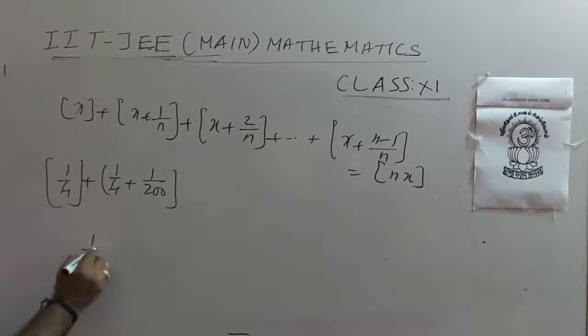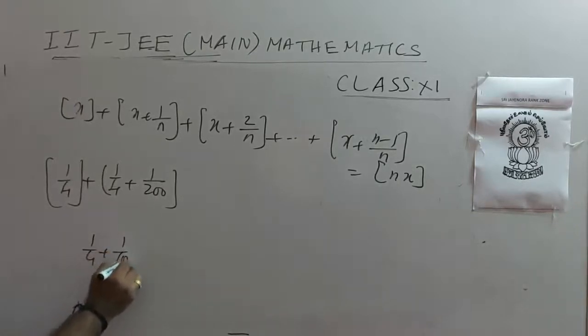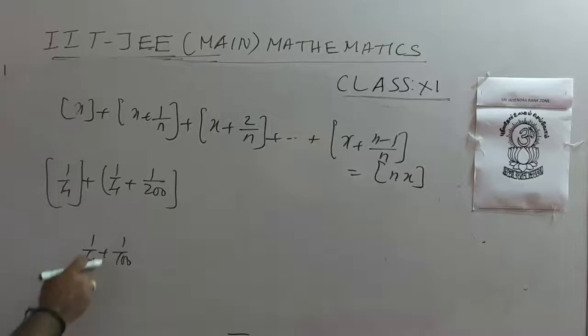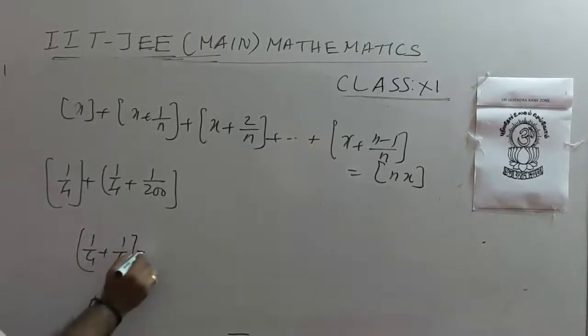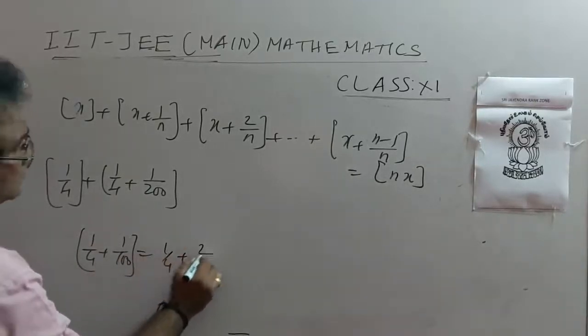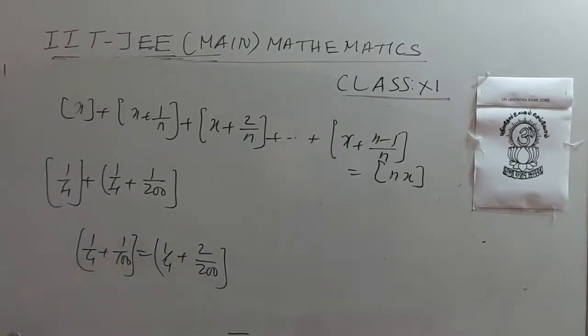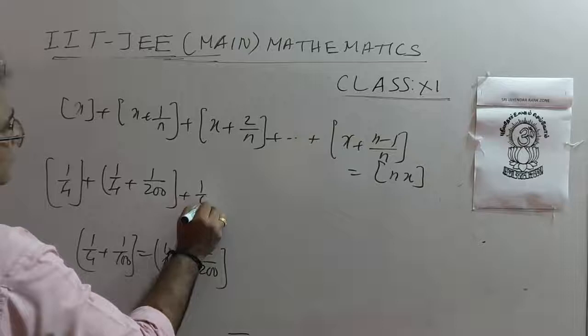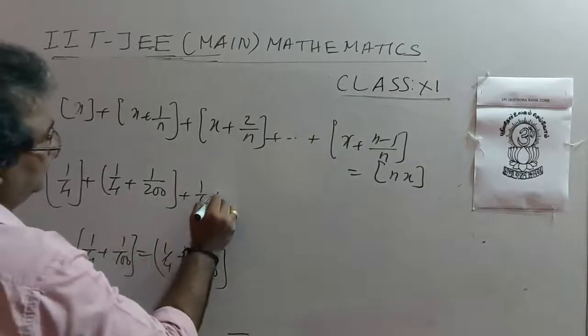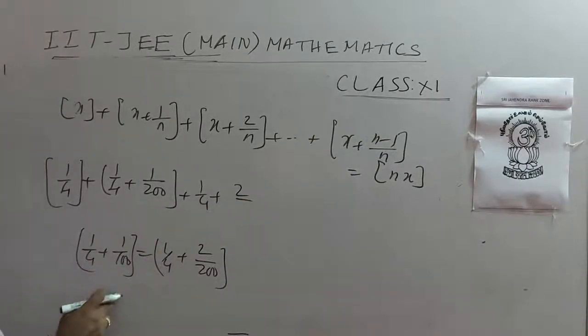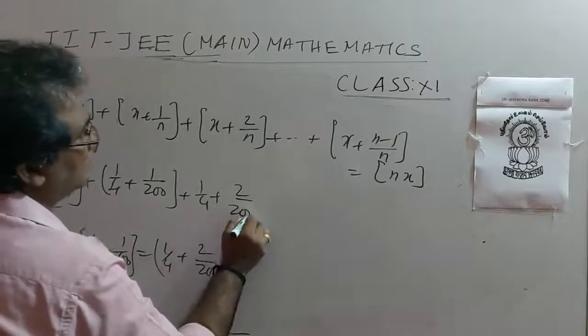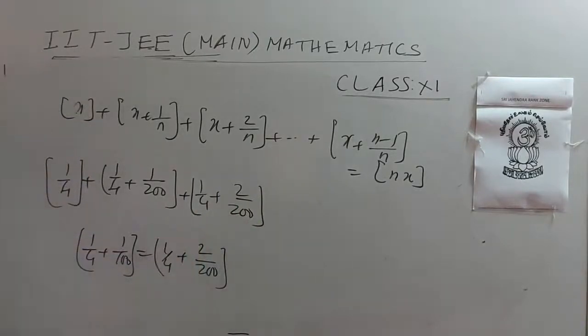In the given question they have given 1 by 4 plus 1 by 100 next, but this can be rearranged: instead of 1 by 100 we can write 2 by 200.